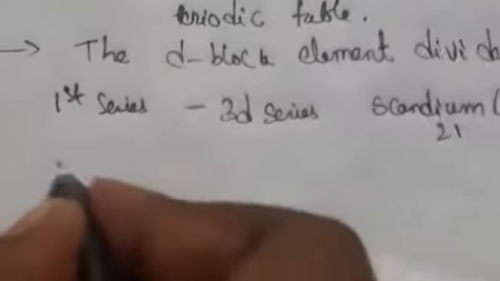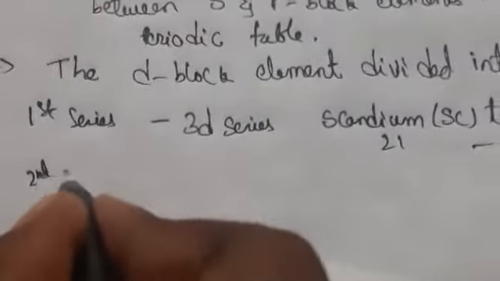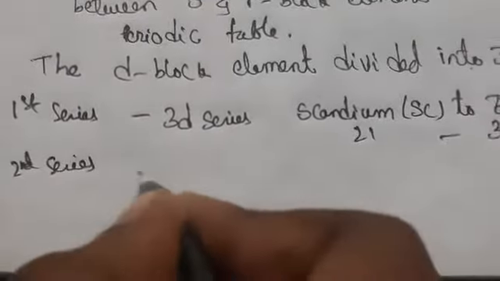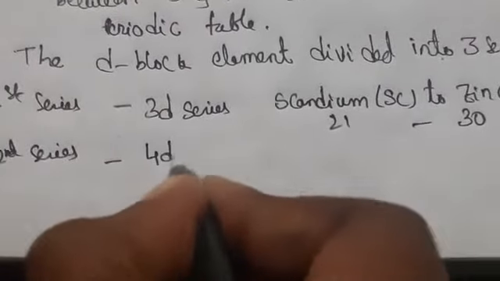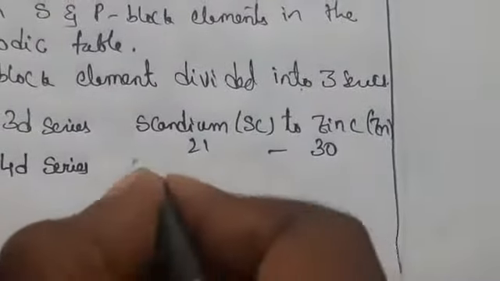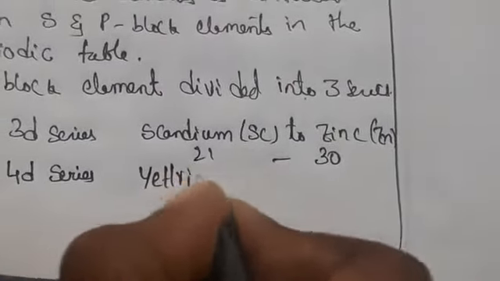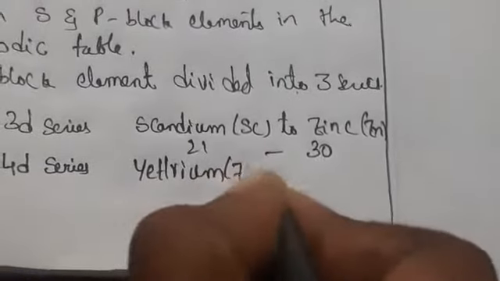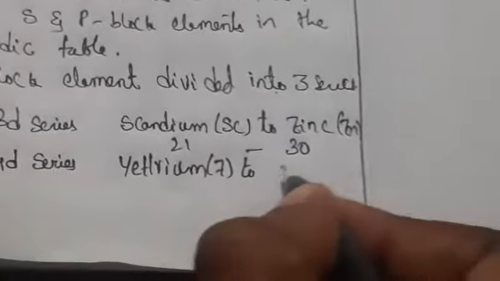Coming to the second series, which is known as the 4d series, it starts from yttrium, having symbol Y, to cadmium.